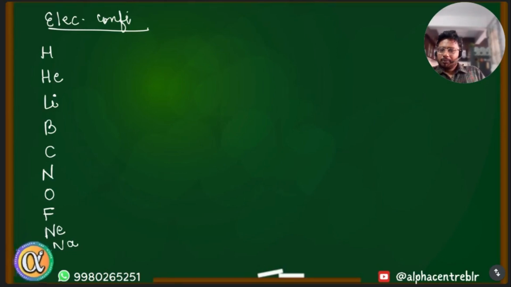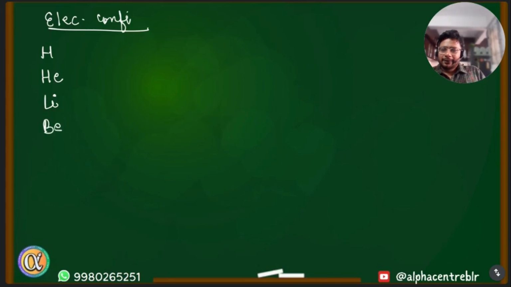I think we have missed something because sodium is 11 and we just said 5 plus 5. What did we miss here? Beryllium. Yes, sir, I missed it. Okay, no problem. Let's complete the table: lithium, beryllium, boron, carbon, nitrogen, oxygen, fluorine, and neon.